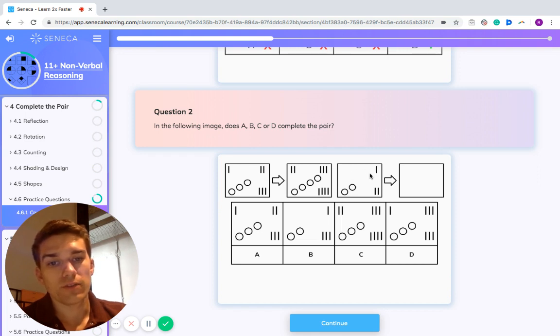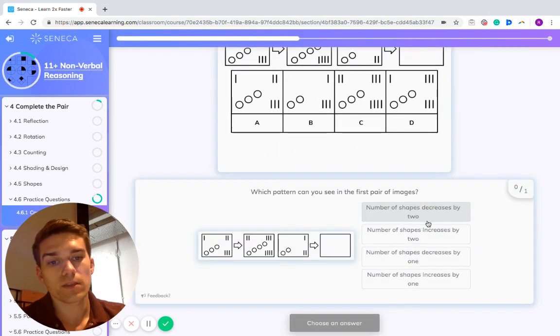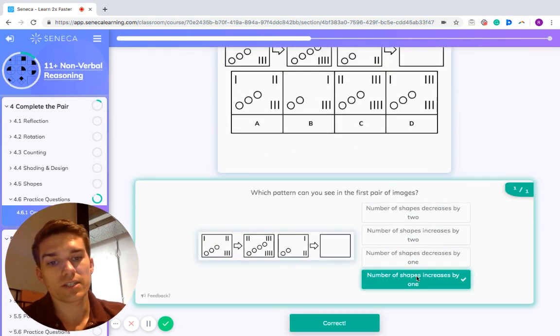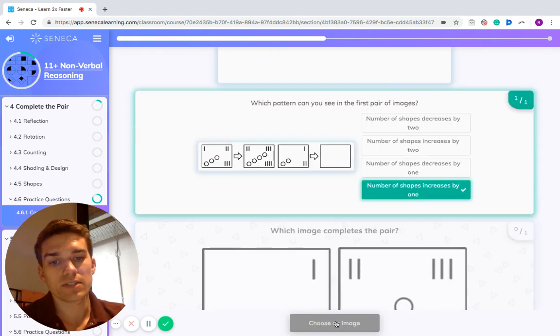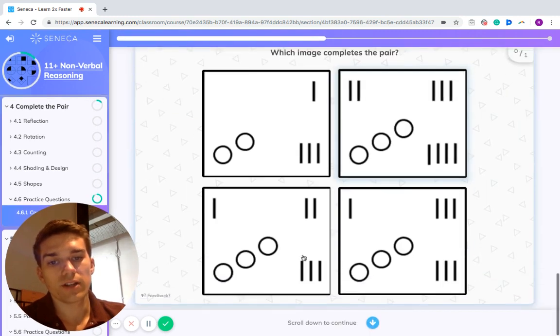So we should have 3 circles, 2 lines in the top right, 3 lines in the bottom right, and 1 line in the top left. So it'd be A would be your answer. Number of shapes increases by 1 is the answer, as we've discussed. So the final answer would be this one.